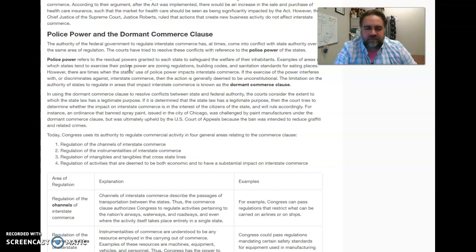Examples of areas in which states tend to exercise their police power are zoning regulations, building codes, and sanitation standards for eating places. However, there are times when the state use of police power impacts interstate commerce. If this exercise of the power interferes with or discriminates against interstate commerce, then the action is generally deemed unconstitutional.